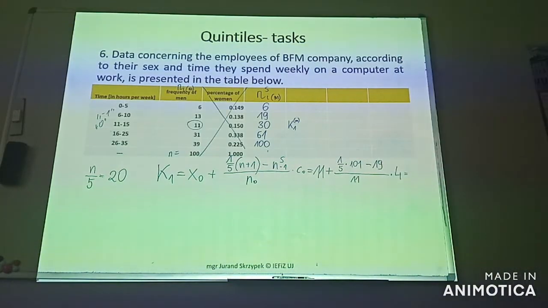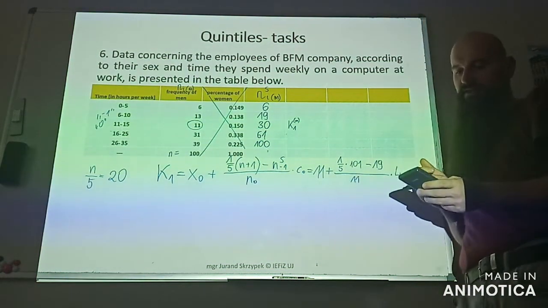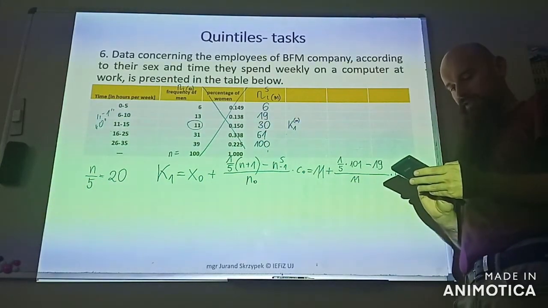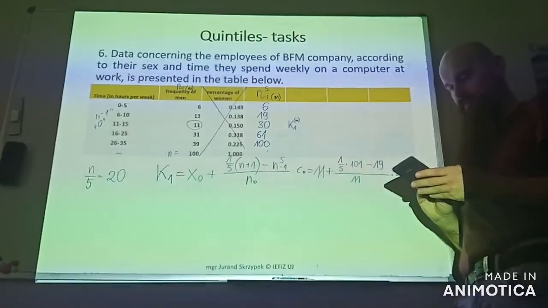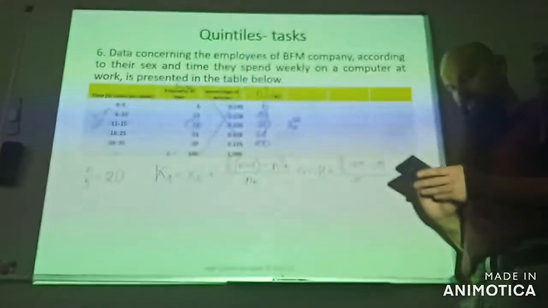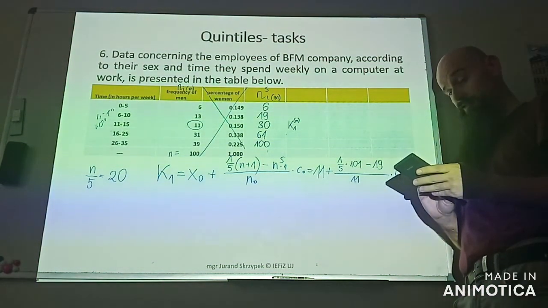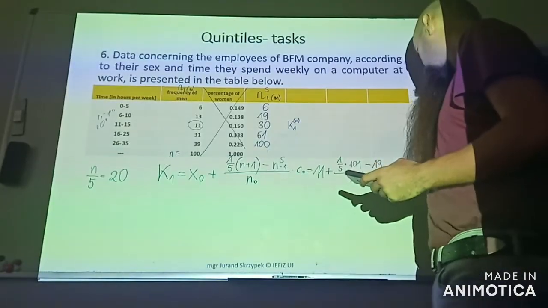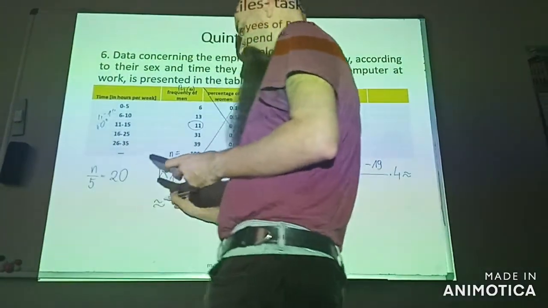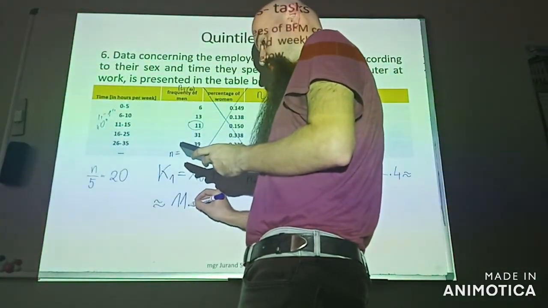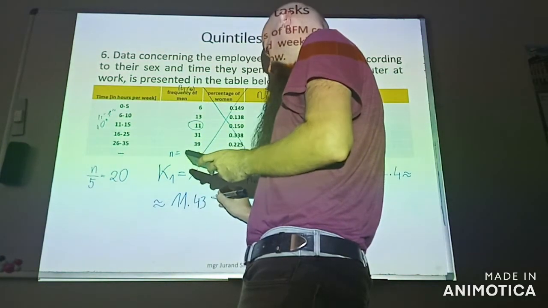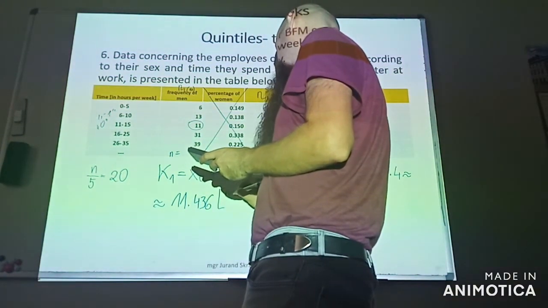And please take your calculators and make an appropriate computation. 101 divided by 5 minus 19, divided by 11, multiplied by 4, plus 11, it's approximately 11.436 hours per week.